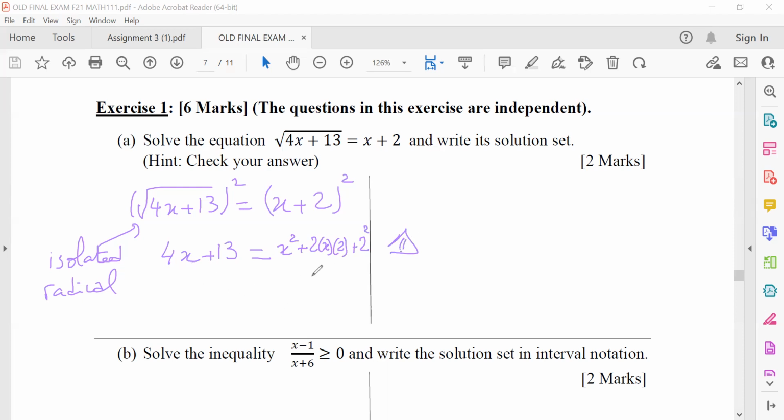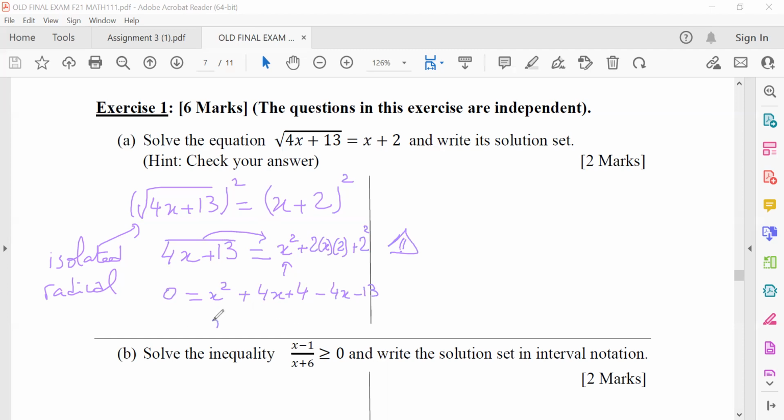So we get an equation of order 2. The highest degree of the variable x is squared, so we have to solve a quadratic equation. To solve a quadratic equation, we write it in standard form. We move x squared plus 4x plus 4 to the other side, minus 4x minus 13.